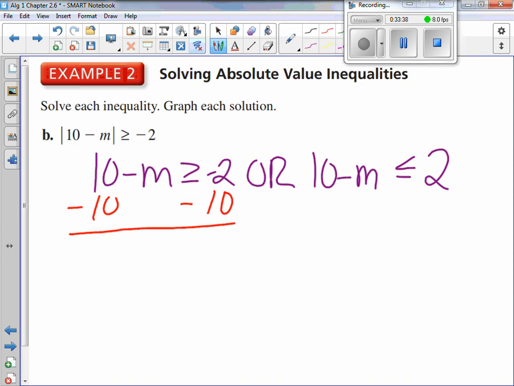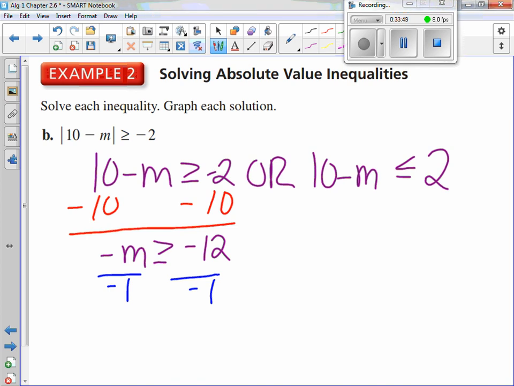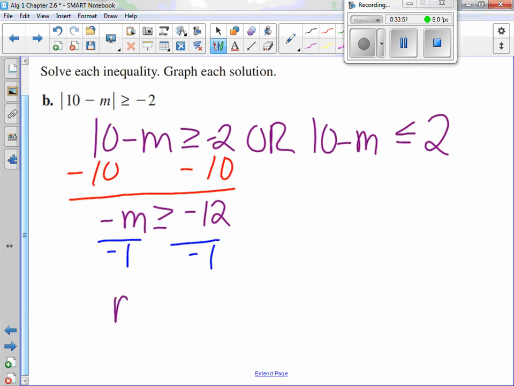And that would tell me that negative m is greater than or equal to negative 12. Well, I would divide by negative 1. And whenever we multiply or divide by a negative, we have to switch the sign. So we get m is less than or equal to 12. That's fine.